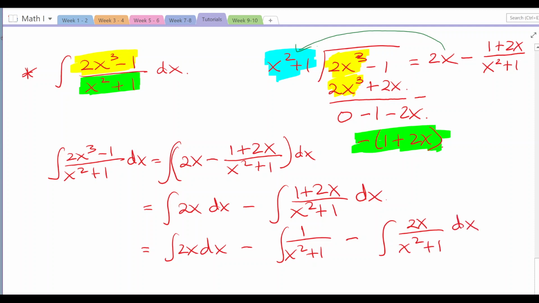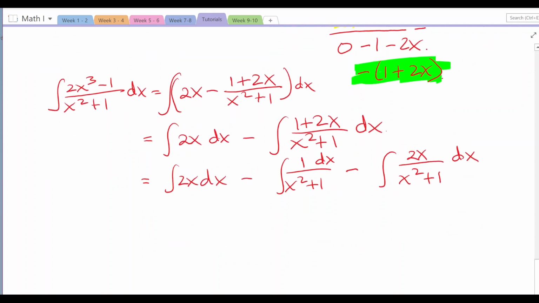Don't forget the dx. That's it. Now we have two terms which is much simpler to solve using basic integration. The first one is an integral of 2x dx minus integral of 1 over x squared plus 1, and then minus again because of the minus sign here, but the whole thing is negative integral 2x over x squared plus 1 also dx.